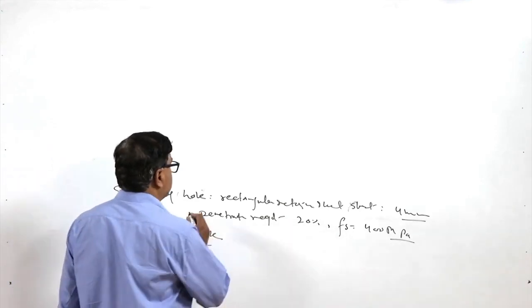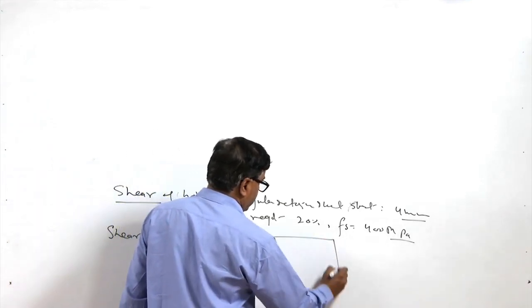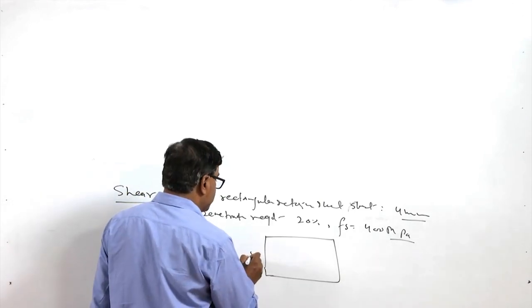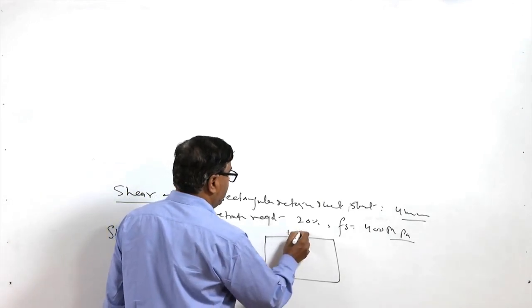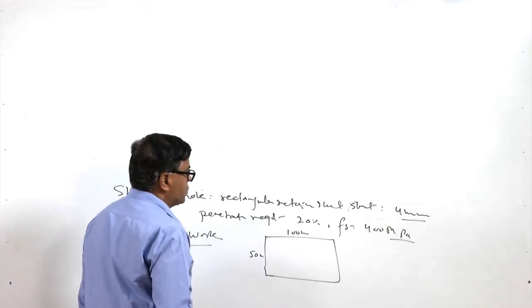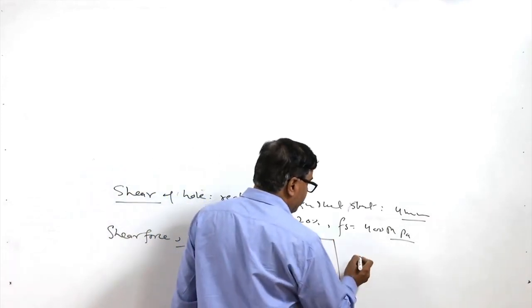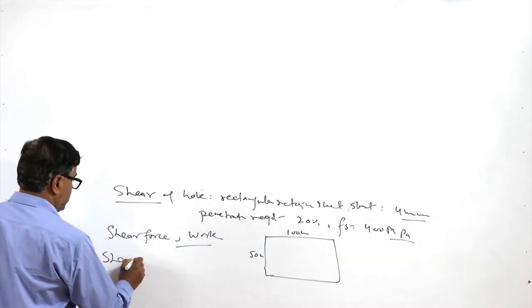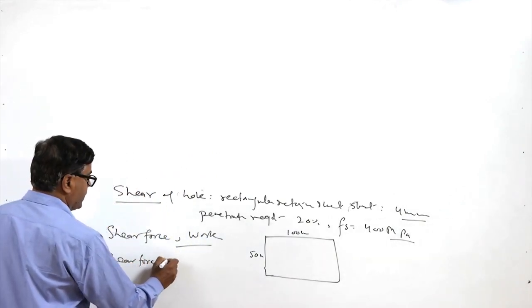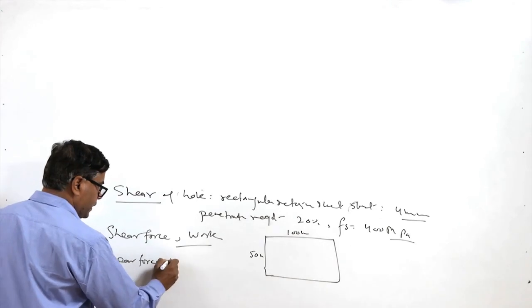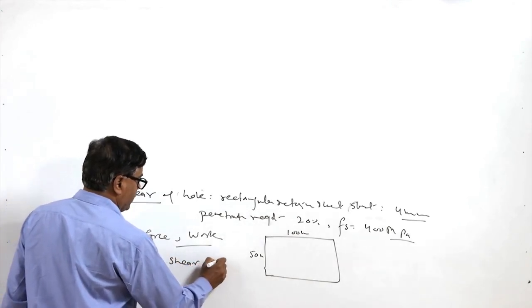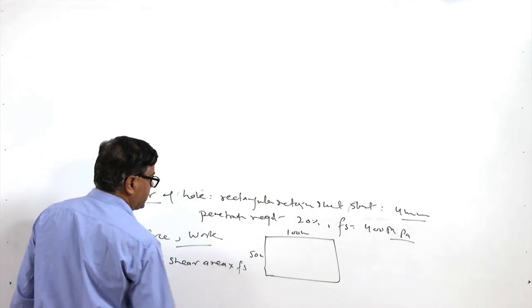In this case, the rectangular hole is to be obtained with dimensions say 50 by 100 mm. For the shear force, we need the length of the perimeter of the cut. Shear force is equal to the shear area multiplied by the shear strength.